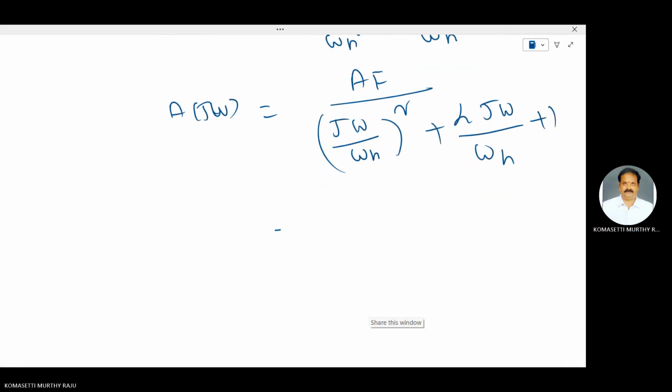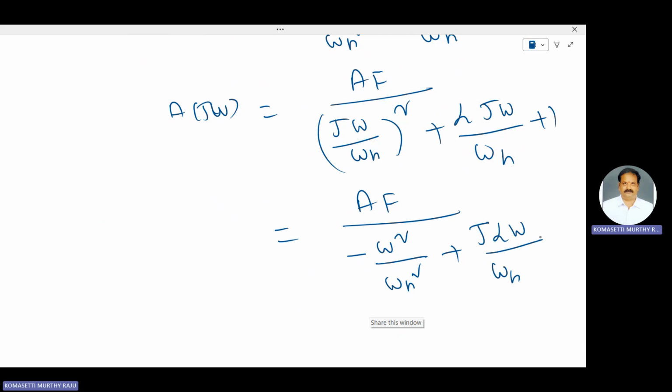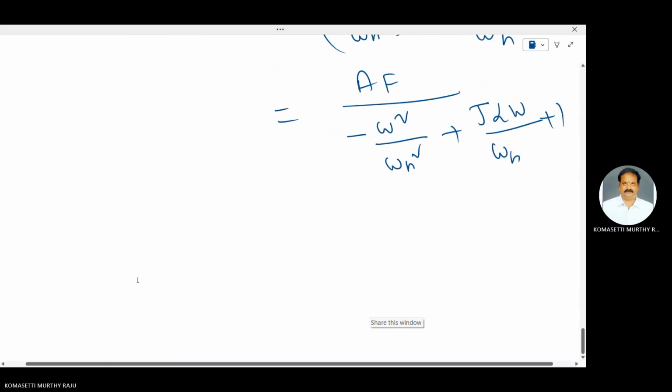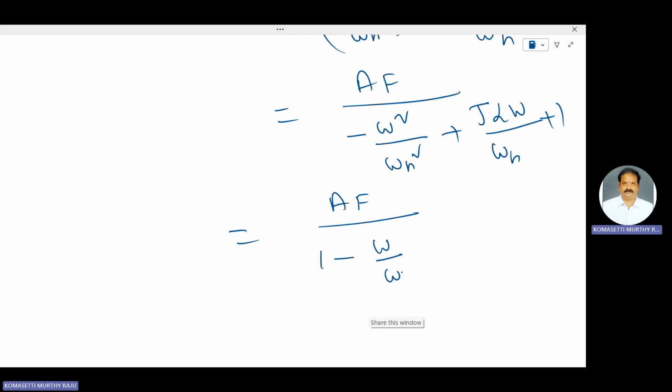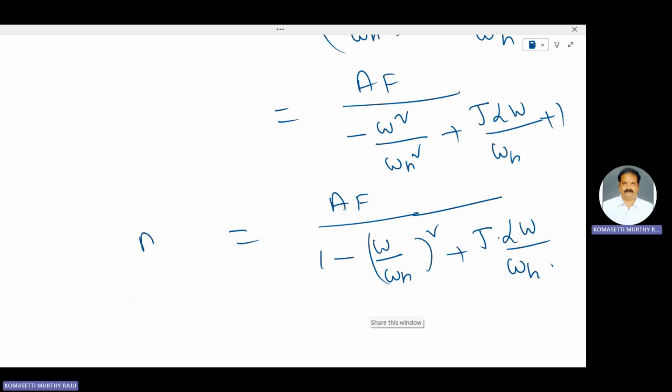Plus 1, that is j square is minus 1, so minus omega square by omega H square plus j alpha omega by omega H plus 1, that is equal to AF by 1 minus omega by omega H whole square plus j into alpha omega by omega H. This is A of j omega.